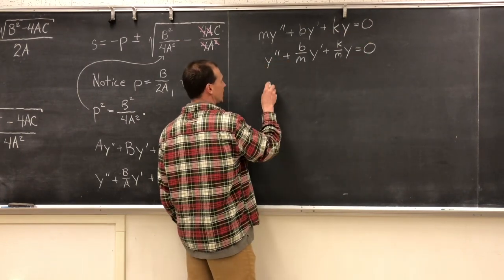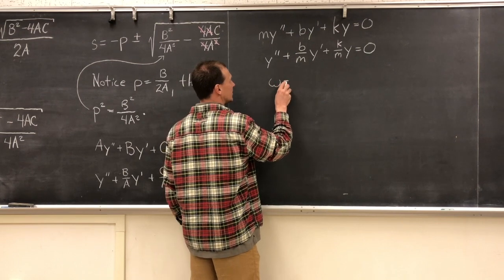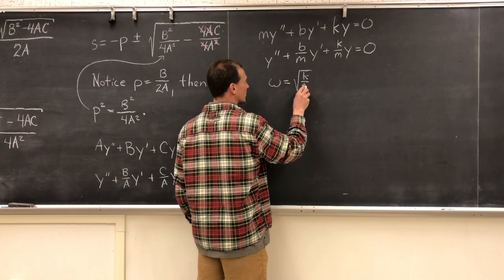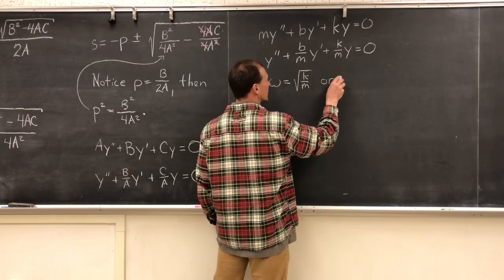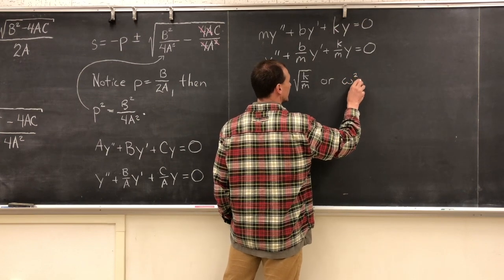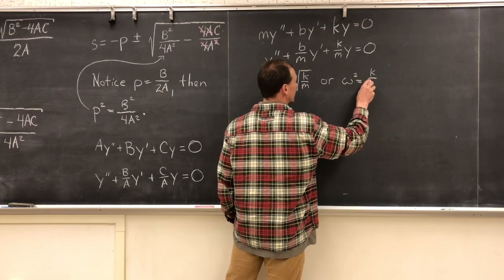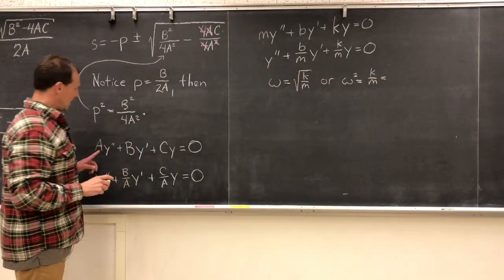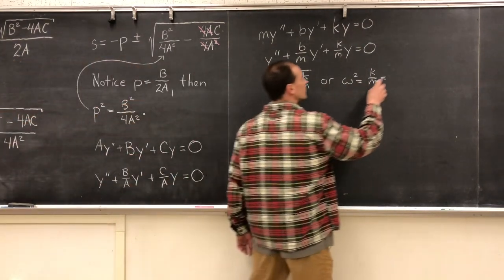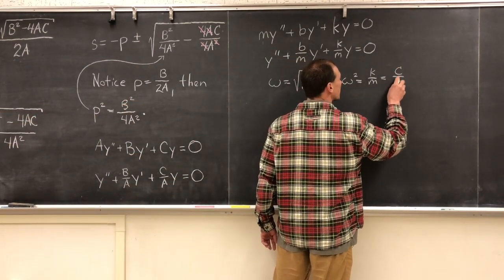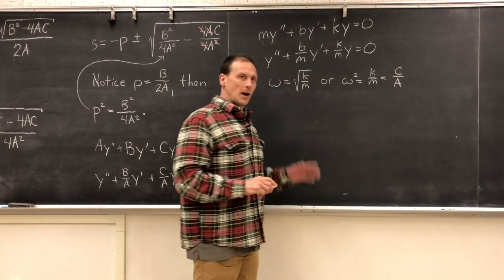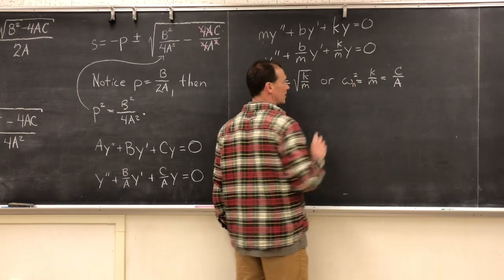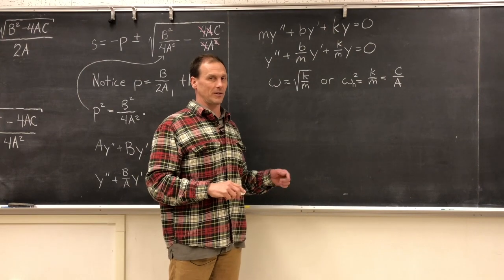And what we said was that omega was equal to the square root of k over m, or that omega squared is k over m, or if we look at our original problem using a, b, and c, omega squared is c over a. I want to do one more thing, and that is we're going to call this omega n squared. It's the natural oscillating frequency of the spring.